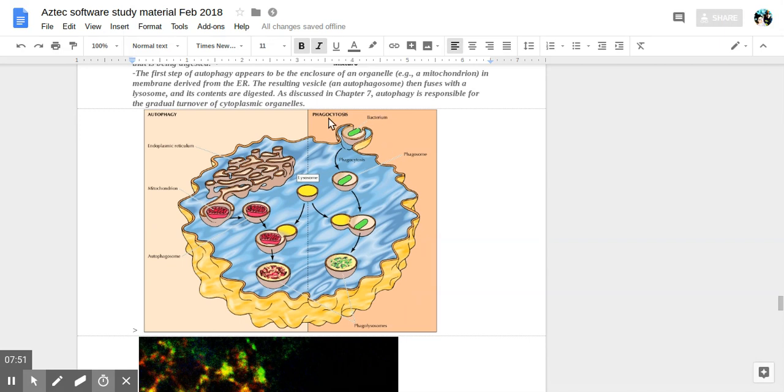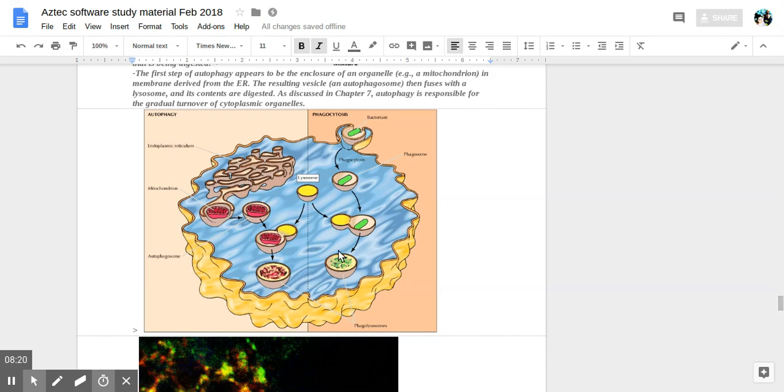So in phagocytosis, you may have a bacterium taken in via a vesicle. So this is a phagosome, in a cell specialized in breaking down. So this vesicle from the membrane may be referred to as an endosome.